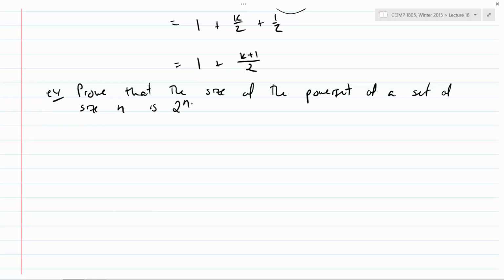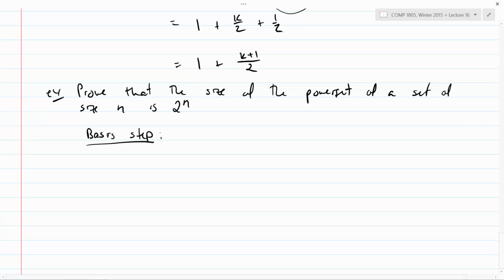All right, so we start with our basis step. And in this particular statement, it's not clear, or at least it's not explicit, what n is. What is the smallest n that makes sense for this statement? 0, because n is the size of a set. And the smallest that a set can be is 0. There are sets of size 0. There's one of them.